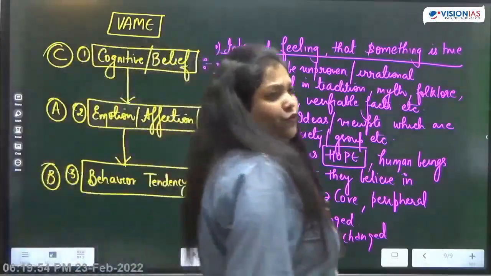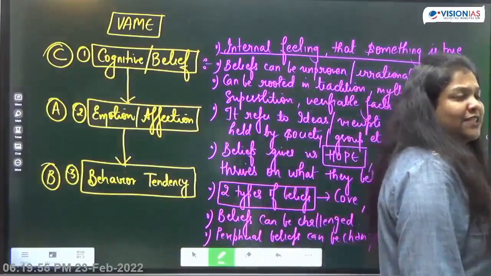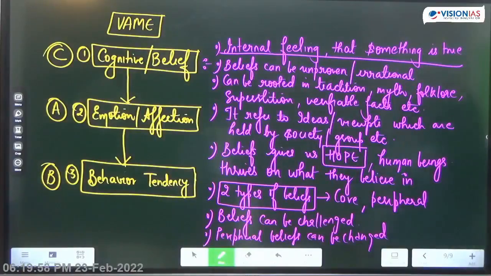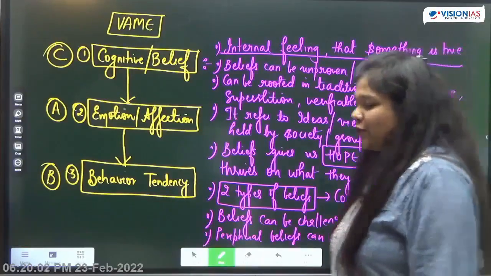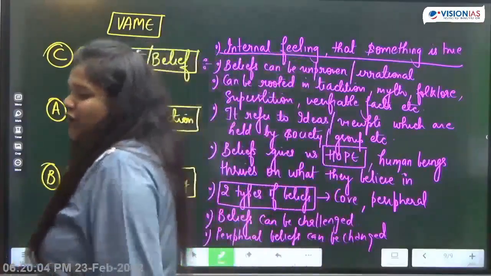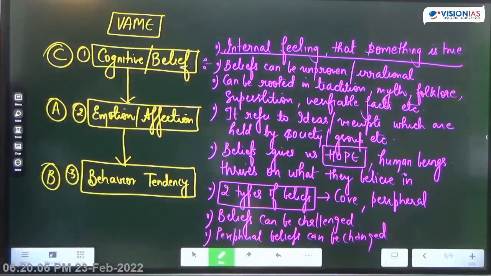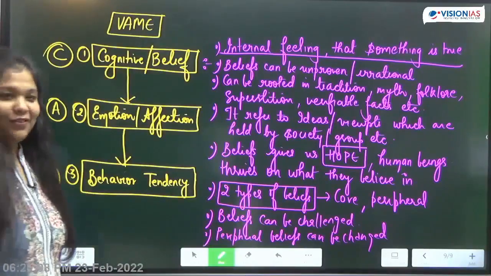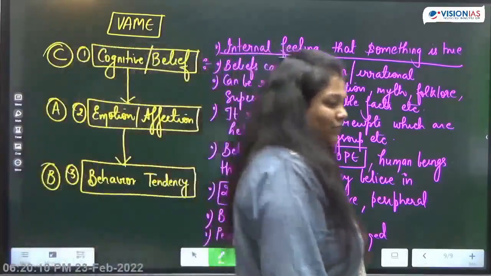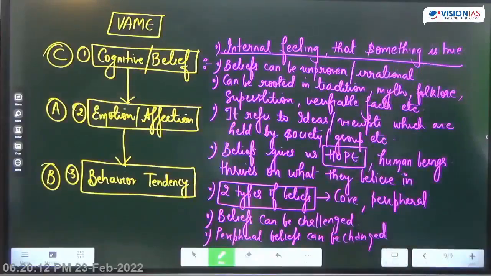I believe you should not purchase a vehicle on Saturdays. I believe if I keep fast for 16 Mondays, I'm going to get a good husband. Do you get my point? तुम्हारे beliefs हैं, कुछ भी करो. Is that clear? Is there any proof that if you keep fast for 16 Mondays, you will get a good husband? Is there any proof?